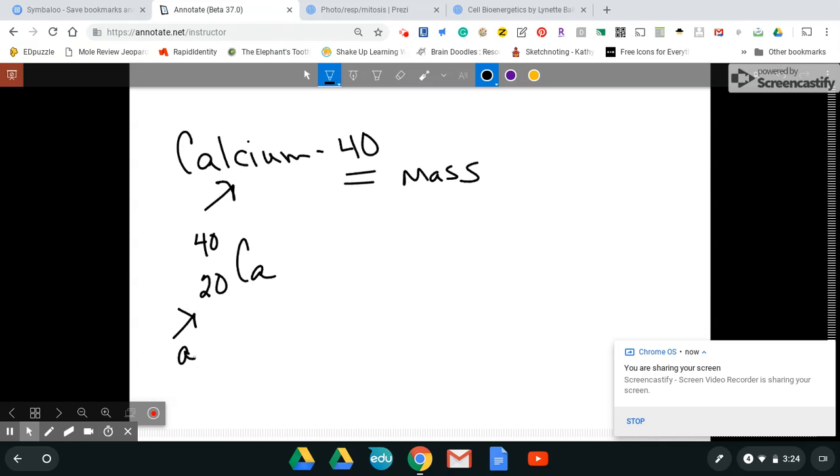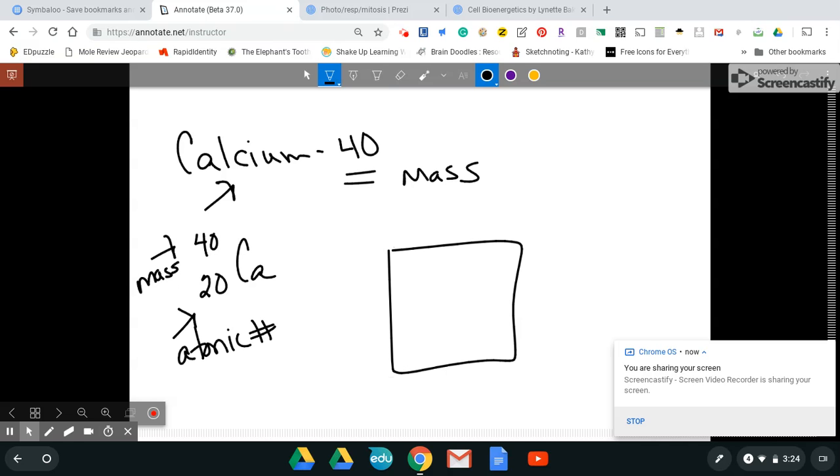So this is the atomic number. This is the mass. Okay, so there's varying ways of how to do this. If you look at the actual periodic table, you'll see calcium, you'll see the atomic number up here, and you'll see the mass down there. So you just need to be familiar with how all of those work.